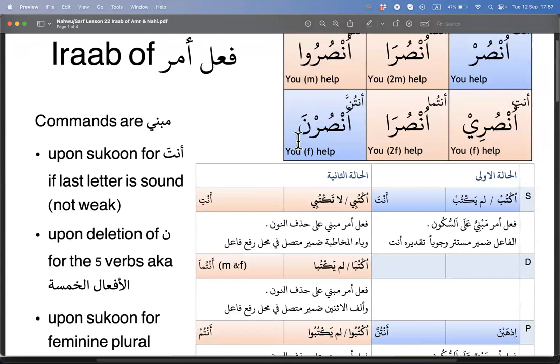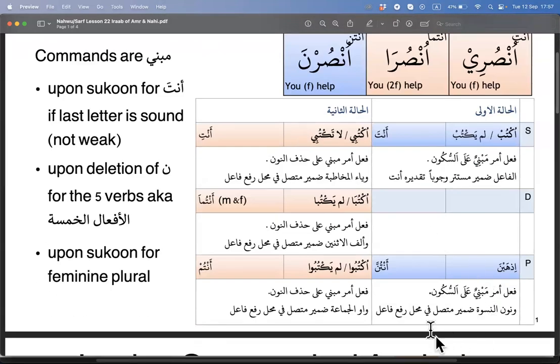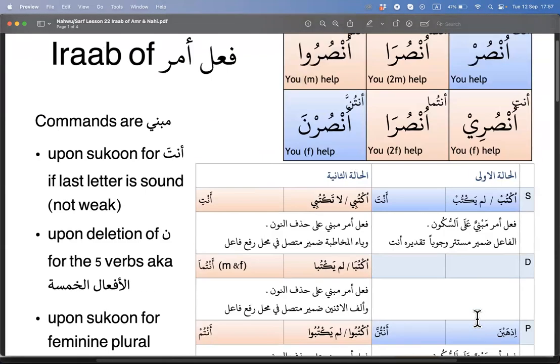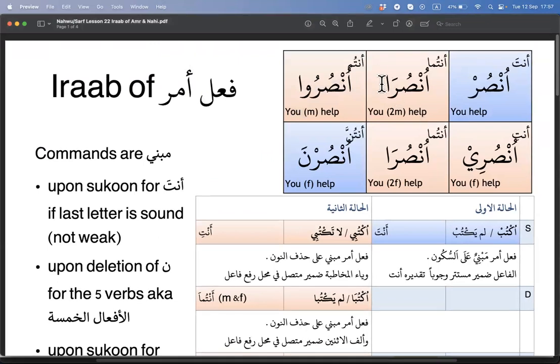So that nun is your dhamir muttasil fi mahali rafa fa'il, just like your fi'il mudari. For the ones where you delete the nun when you make it into amr, you say it's mabni ala hazf nun. So fi'il amr mabni ala hazf nun.